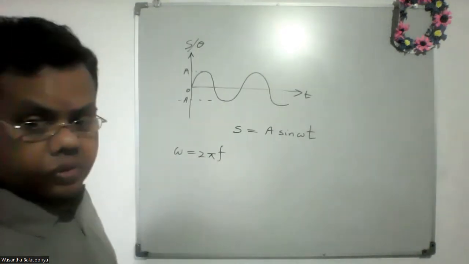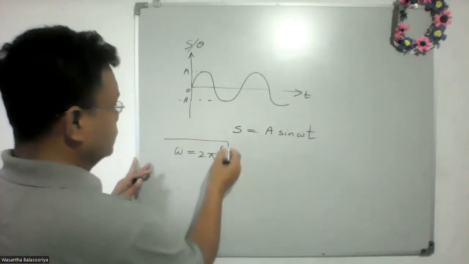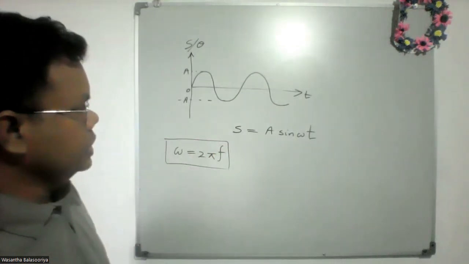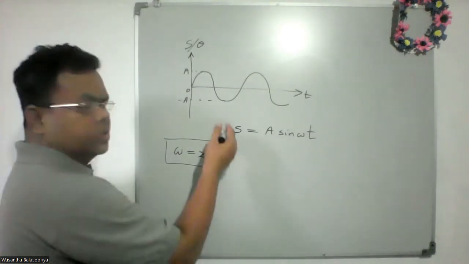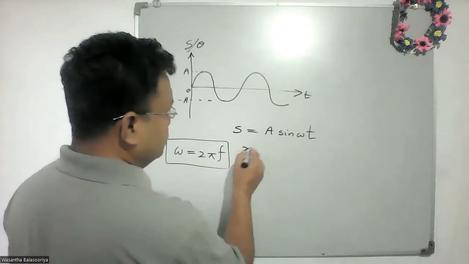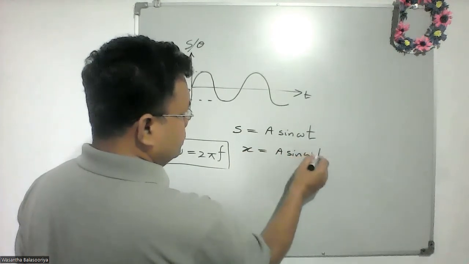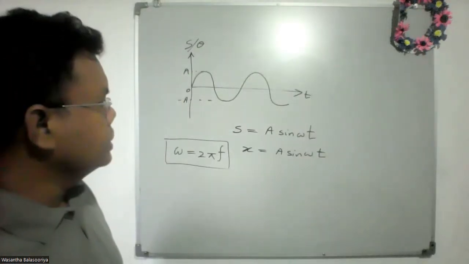It is a constant dependent on the frequency of the simple harmonic motion. t is time. This is usually expressed as x equals A sine omega t. Displacement is denoted by x. That is the usual practice.